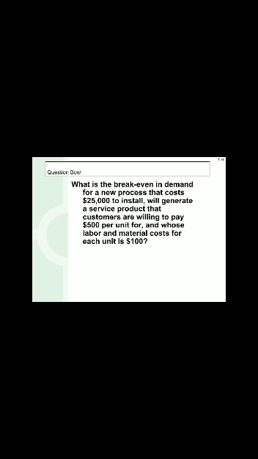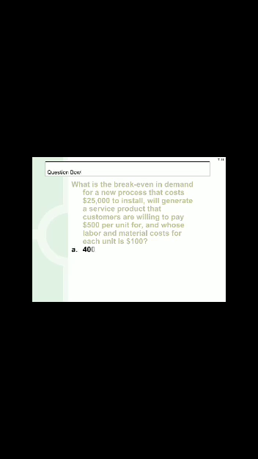Now let's take some questions based on this video. What is the break-even demand for a new process that costs $25,000 to install, will generate a service product that customers are willing to pay $500 per unit for, and whose labor and material cost for each unit is $100?